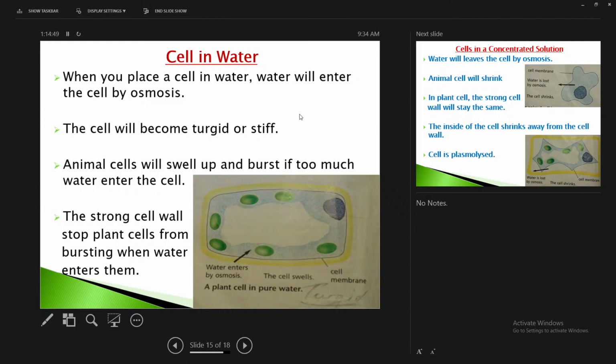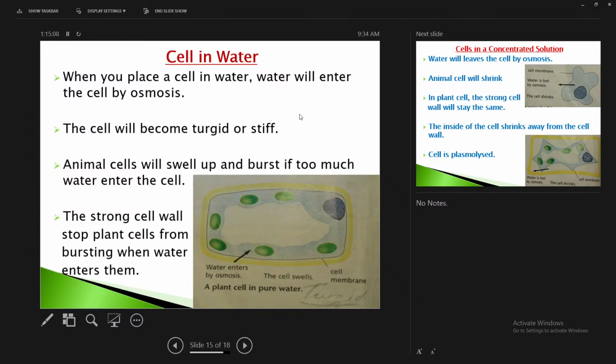And that is simply because plant cells need a lot of water, so that is why they need a large vacuole, while animal cells don't need a lot of water because animals don't make their own food.